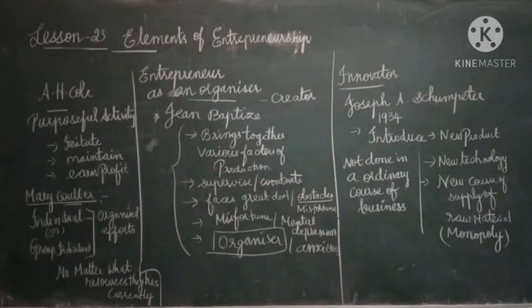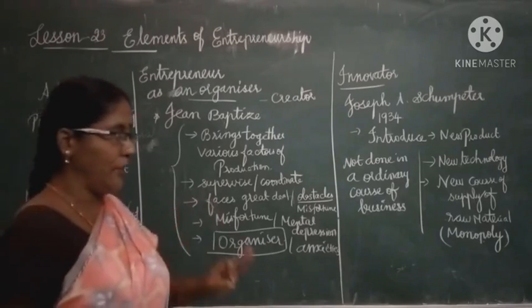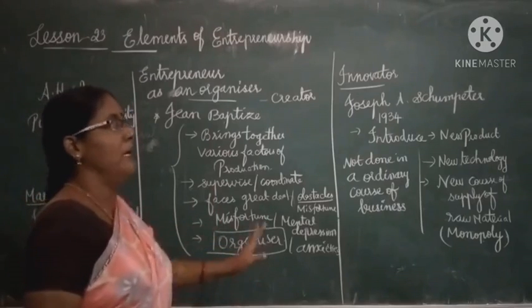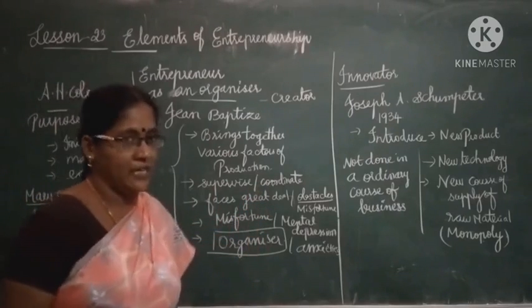How much product must he give? Listen. The entrepreneur is putting in place a new form of organization by establishing a monopoly or by dismantling the existing monopoly.